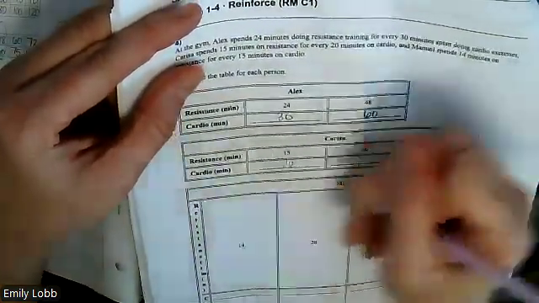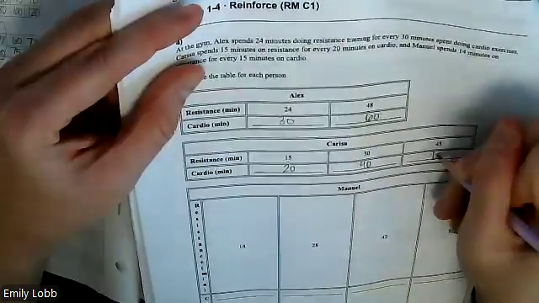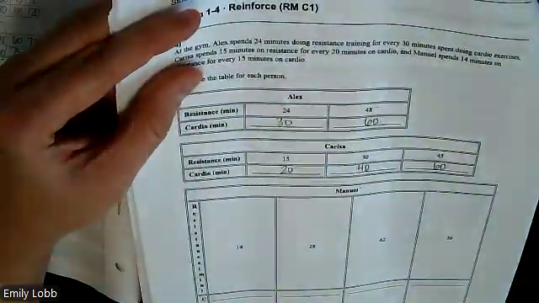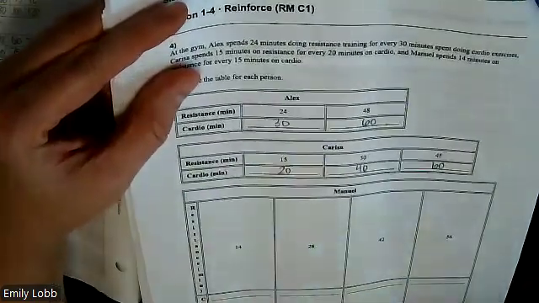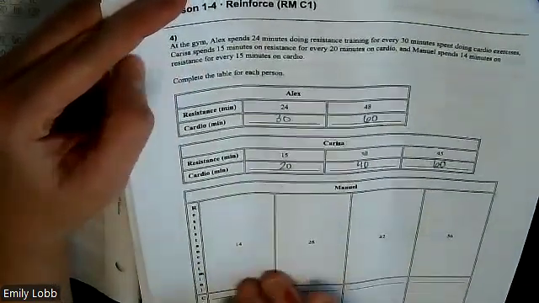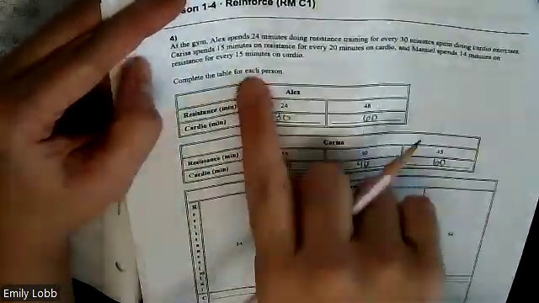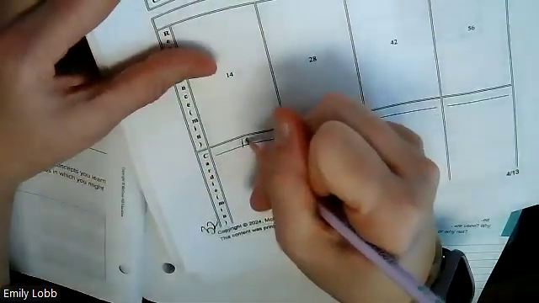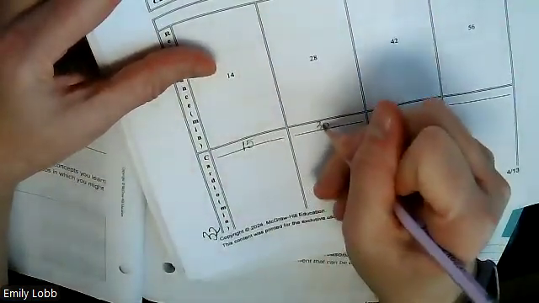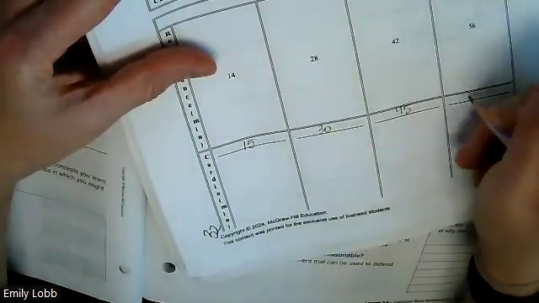So 20, 40, 60 here. And then Manuel, again, I don't know why that's ginormous. That's kind of random, but as these go up by 15, they're doing 14 minutes for each on cardio. So 15, 30, 45, and 60.